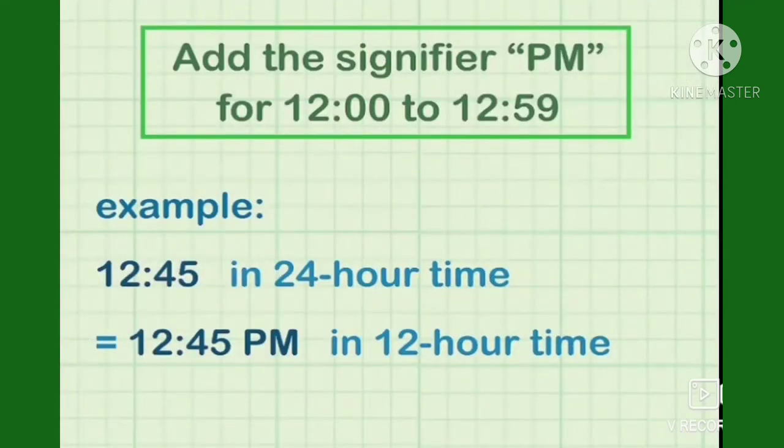The third note is: add the signifier PM for 12 to 12:59. So, from 12 o'clock to 12:59, we can write the time as it is and just add the PM signifier in 12-hour time.